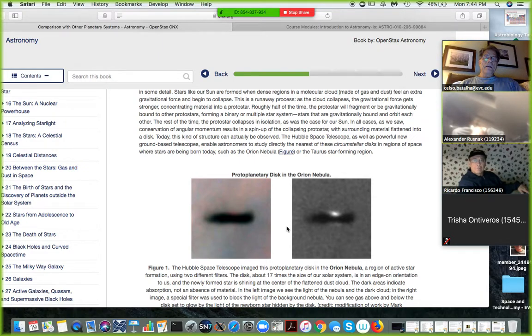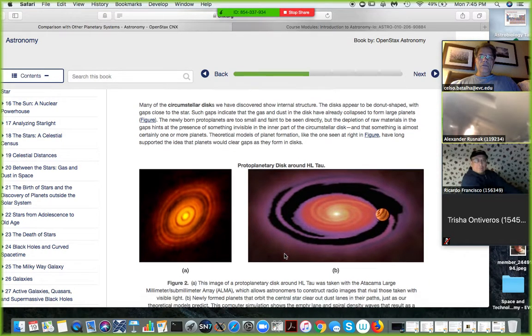Since there are circumstellar disks, certainly there will be exoplanets out there, and that is another section in our course, which is to explore the characteristics of these exoplanets. Exoplanets come in all sizes, shapes, and forms, and the smallest ones seem to be the most populated in the galaxy, and that's going to be in another section to explore.